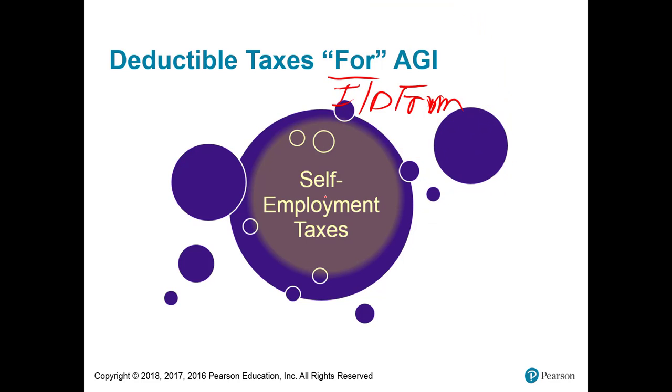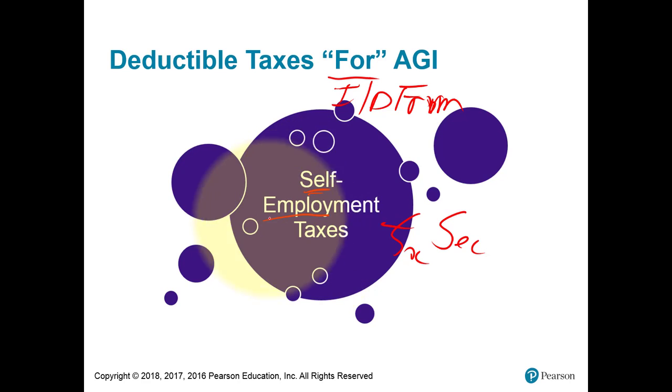But anyway, the self-employment tax is really the Social Security tax on self-employed taxpayers who have their own business, like a Schedule C or a partner in a partnership. And because they're not treated as employees of their own business, they really don't pay the so-called FICA tax. What they pay is self-employment tax as their Social Security.